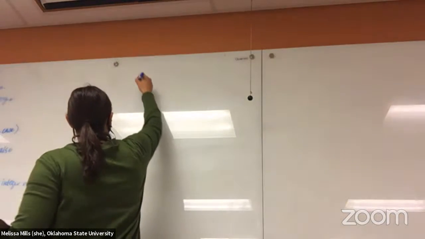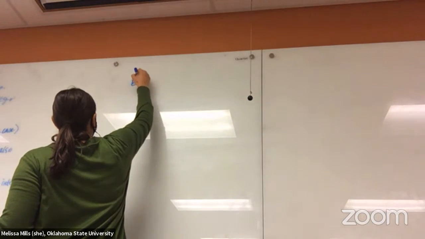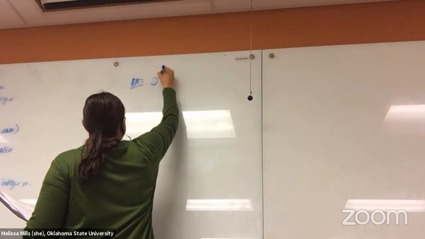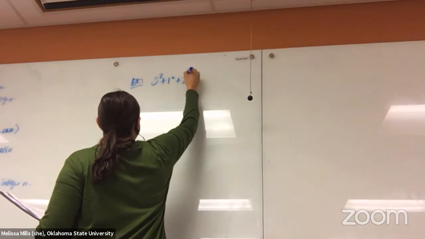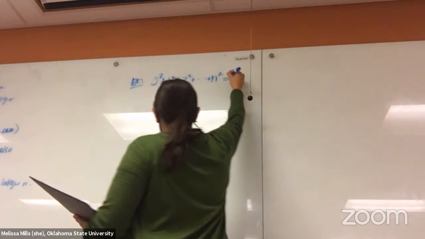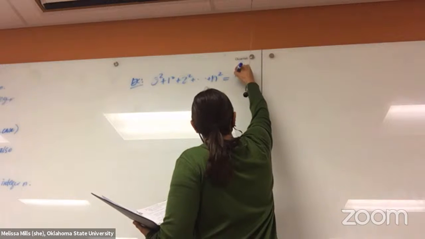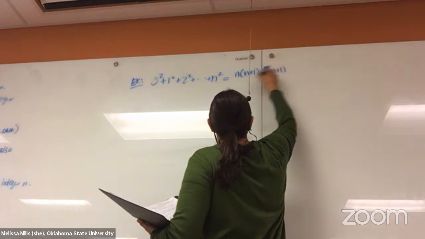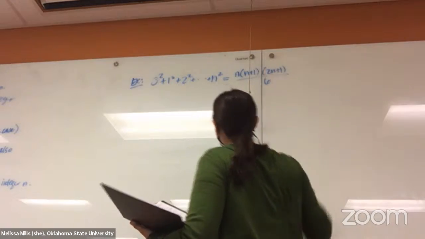So we're going to show this statement is true: 0 squared plus 1 squared plus 2 squared plus up through n squared is equal to n times (n plus 1) times (2n plus 1) over 6.